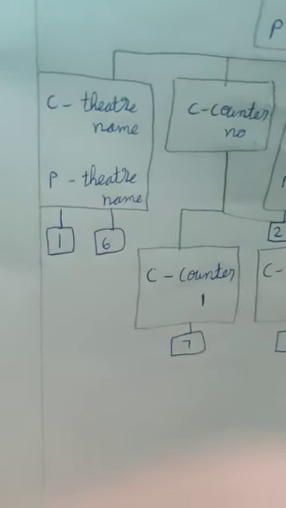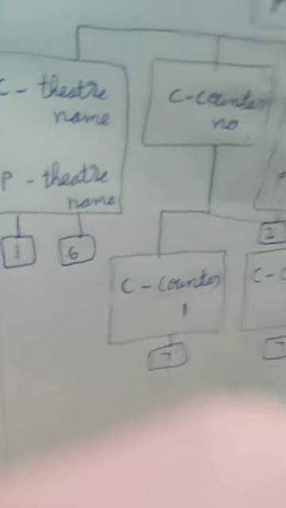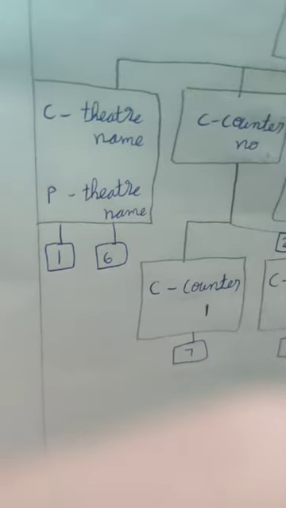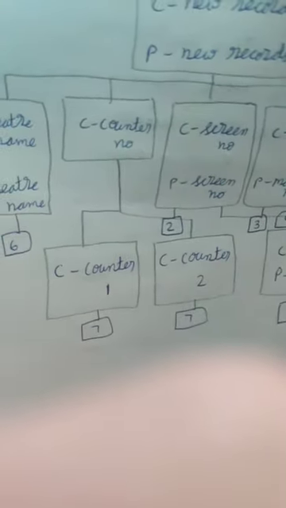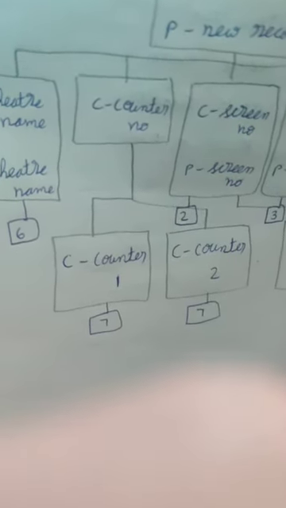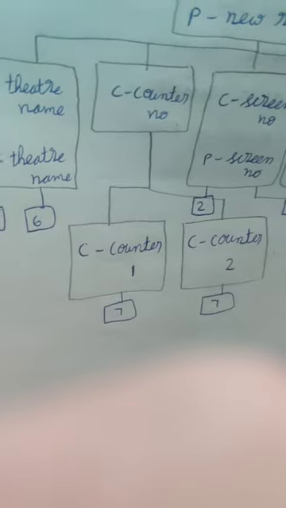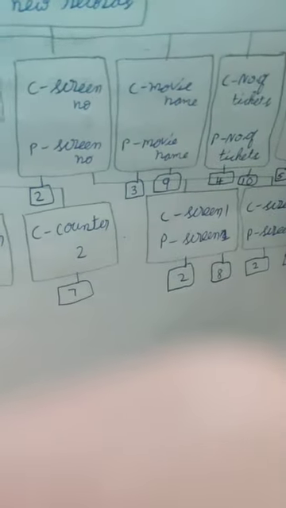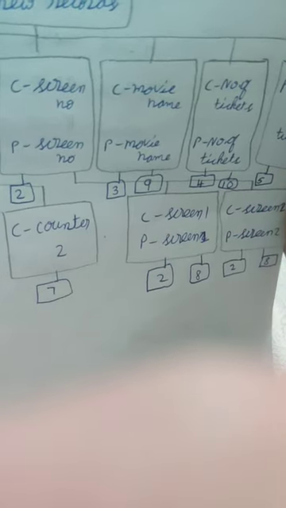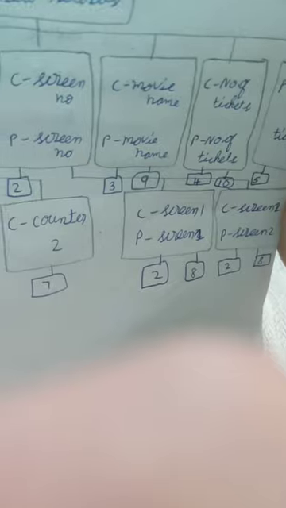Then we come to the reverse order, that means the input first. Here I have placed theater name as 6, and, sorry, counter number as 7, and also the movie name 9, screen I placed 8.